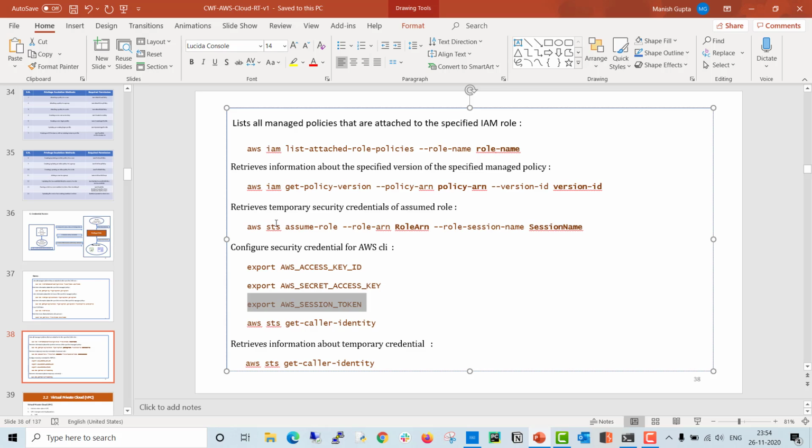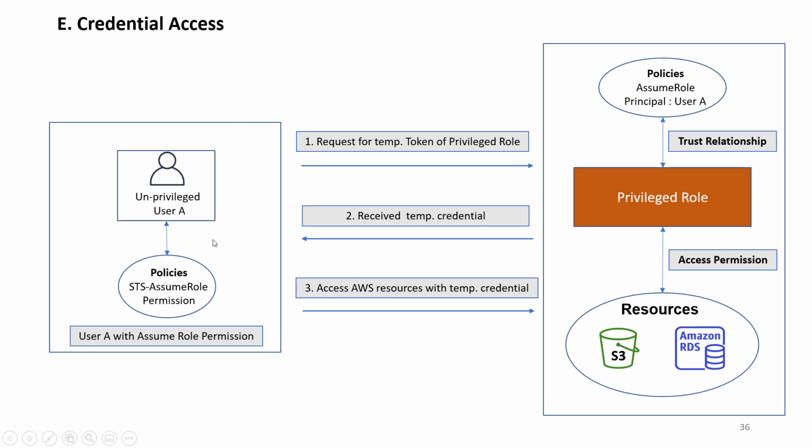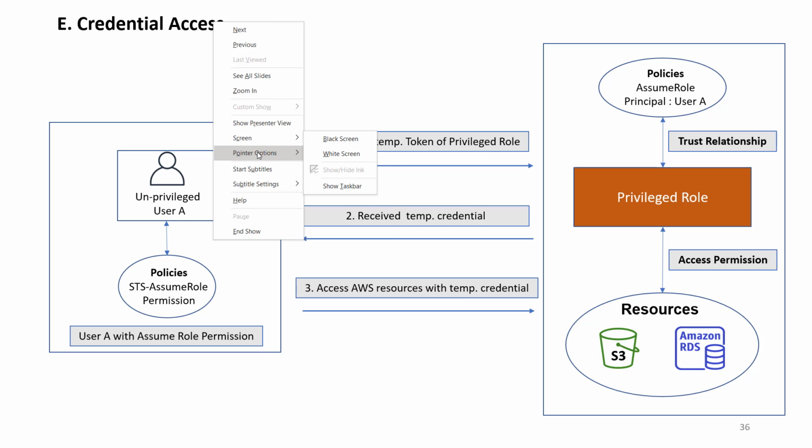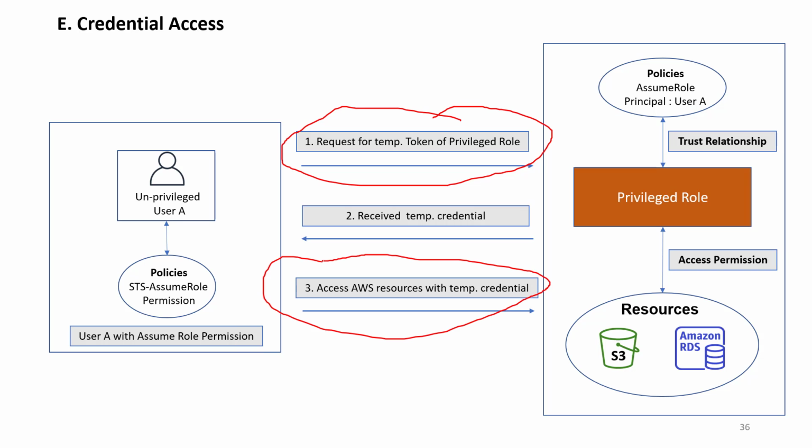So this is how it works. Initially this user doesn't have any permissions, but after that he got a temporary token using the credential access of this user, and he can perform all the actions which belong to this role.